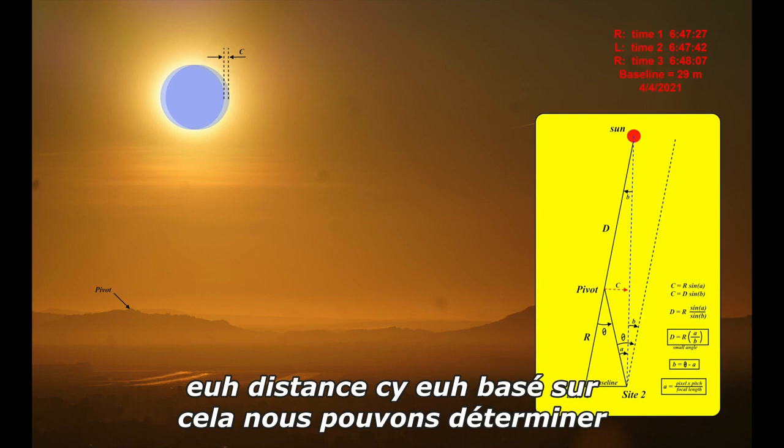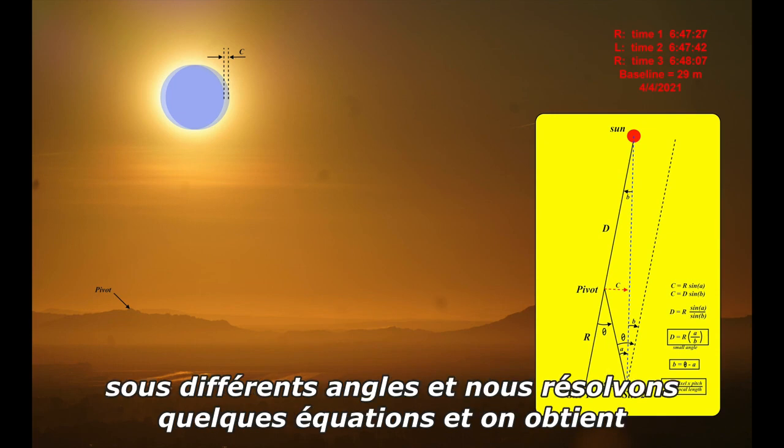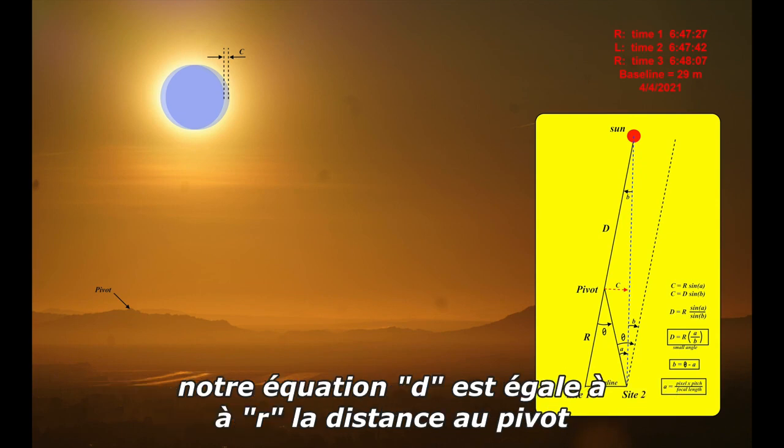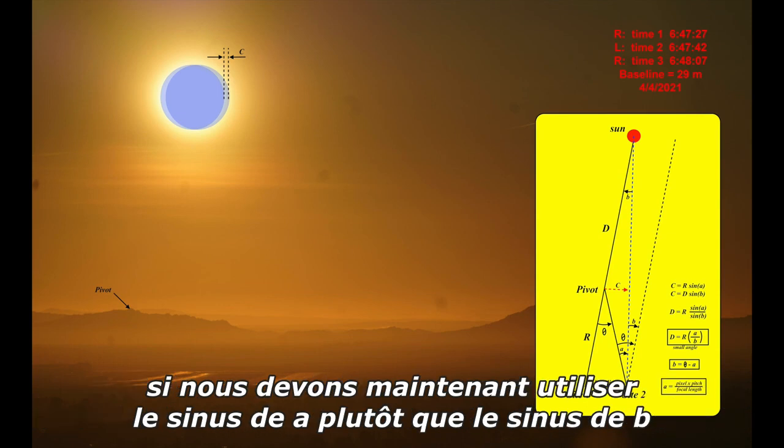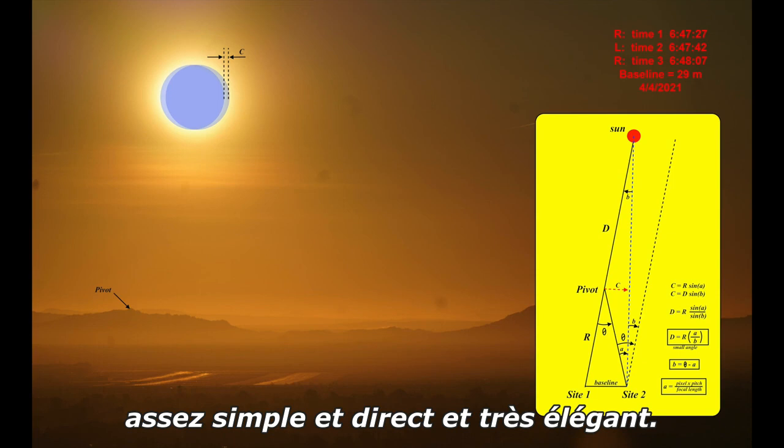And based on that, we can determine a number of angles and solve some equations. And we derive our equation, d equals r, the distance to the pivot, times angle A over B in radians. We're using a small angle approximation there. If not, we have to use sine of A over sine of B. Fairly simple and straightforward. Very elegant.